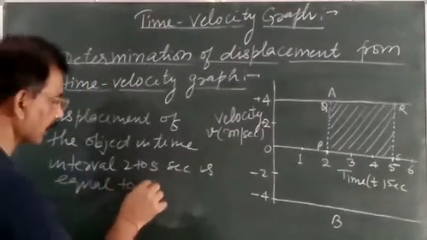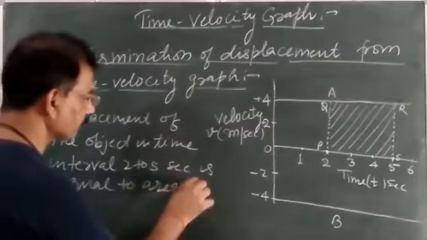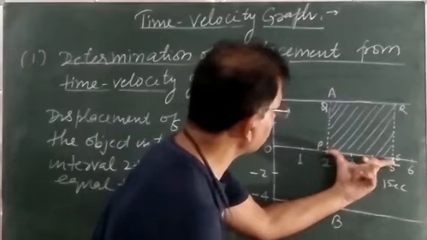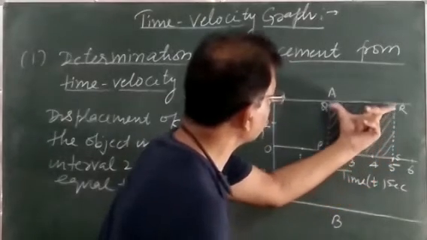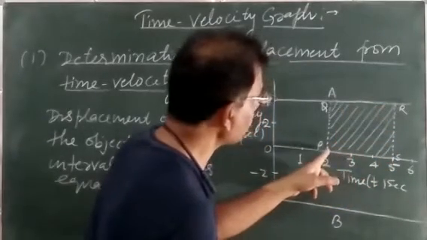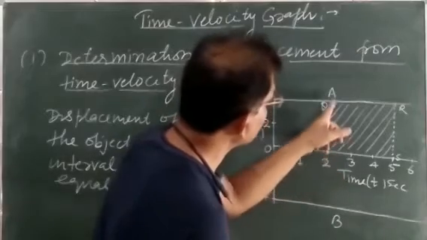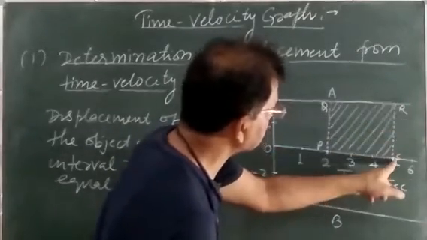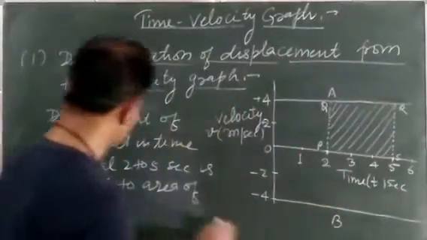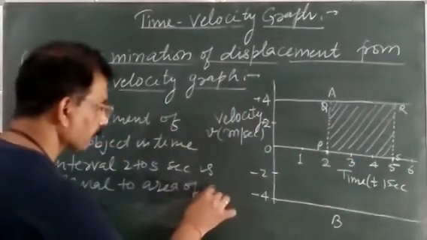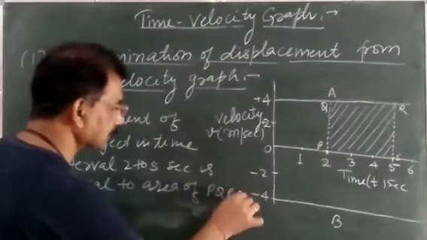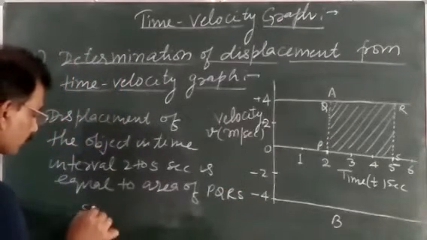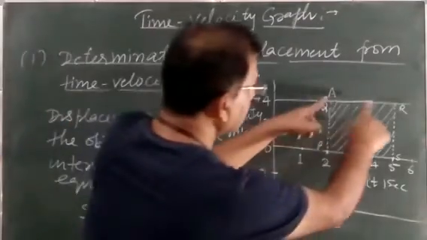equal to the area. We will find the area between 2 and 5 seconds, this whole area, the area of PQRS. And that displacement S is equal to, how can you find the area of this one?